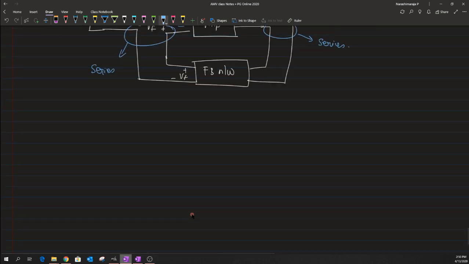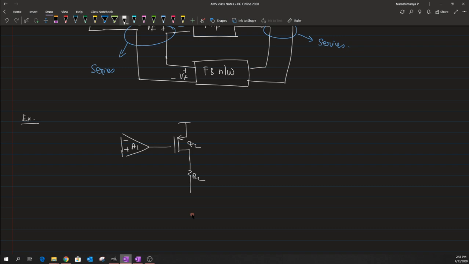Let me quickly draw only one example for this. Hopefully you will be clear right now. So we have an amplifier, and again there is one more structure Q2.